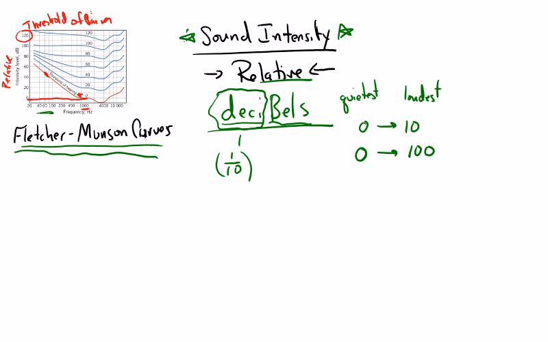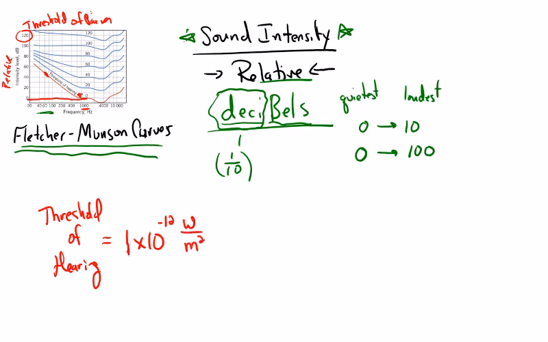So the idea is all based off of this threshold of hearing, and the threshold of hearing actually has an absolute intensity. The threshold of hearing is that it takes 1 times 10 to the negative 12 watts per square meter for you to actually hear something.